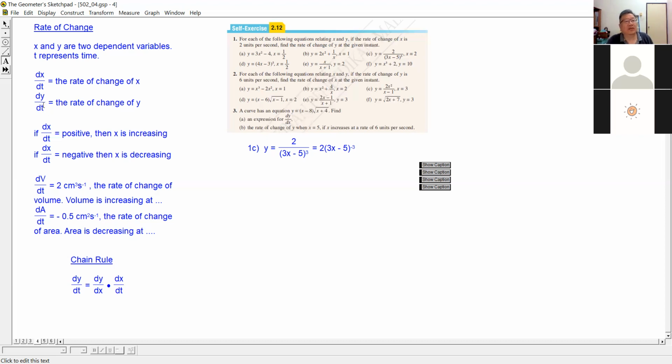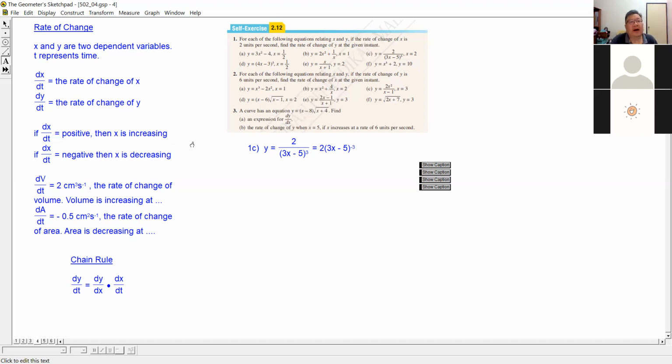You have to know that it's dt. Once they say rate, you know the dt is there. Now, if dx/dt is a positive number, then we know that x is increasing. If dx/dt is a negative number, then we know that x is decreasing with time.